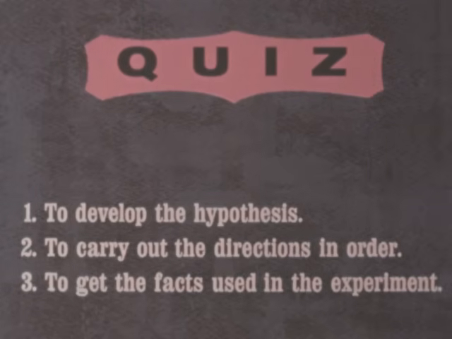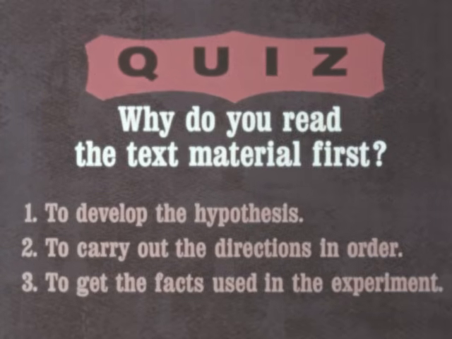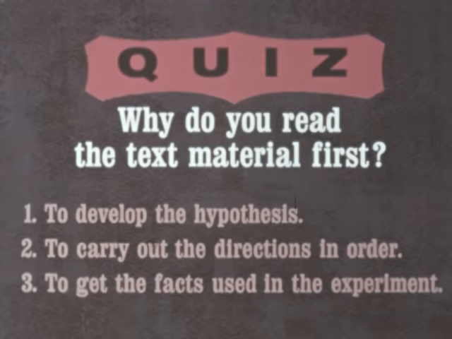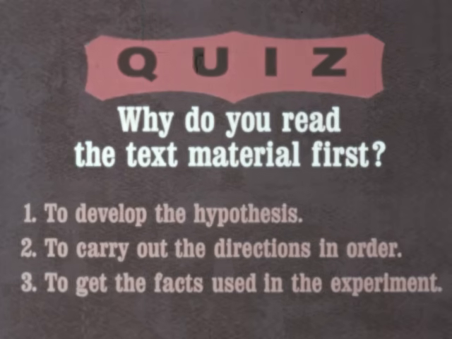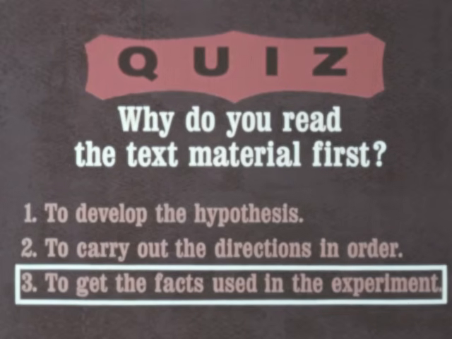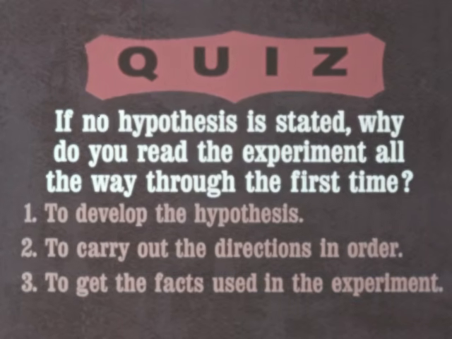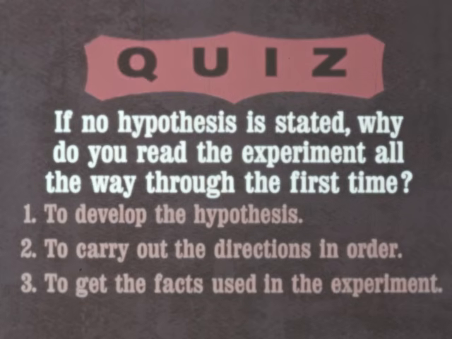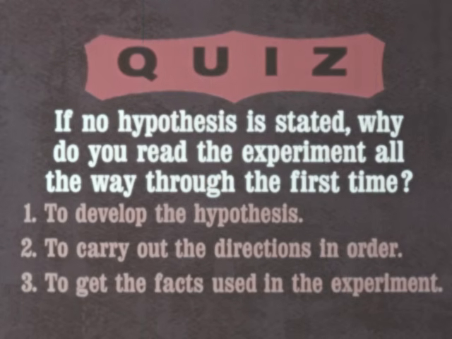So that you can review the steps necessary in reading an experiment, we're going to give you 5 seconds to supply the number of the correct answers in a short quiz on reading experiments. Why do you read the text material first? To get the facts used in the experiment. If no hypothesis is stated, why do you read the experiment all the way through the first time?